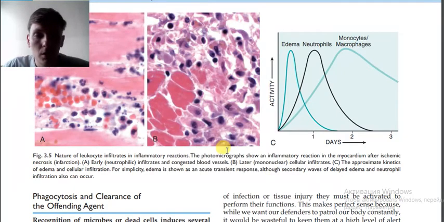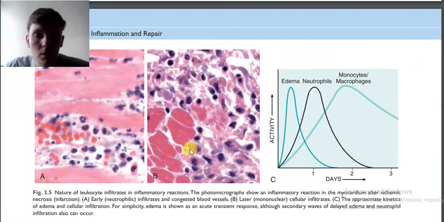Here on this microphotograph, we can see early neutrophilic infiltrates and congested blood vessels. You see blood vessels are increased, and leukocytes. These look like multinucleated cells, but they are segmented nuclear, polymorphonuclear leukocytes entering out of the blood vessel wall. So it's a sign of acute inflammation here.